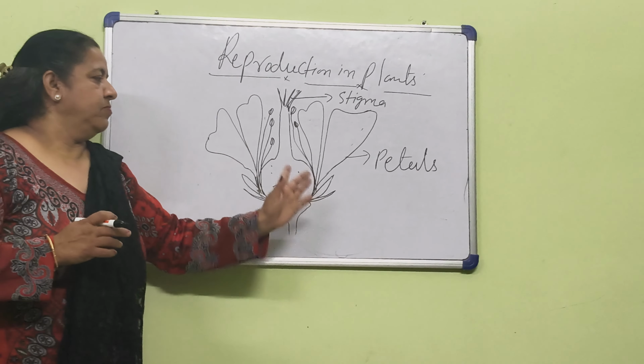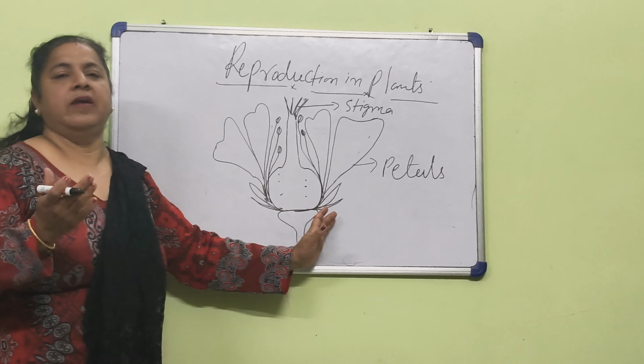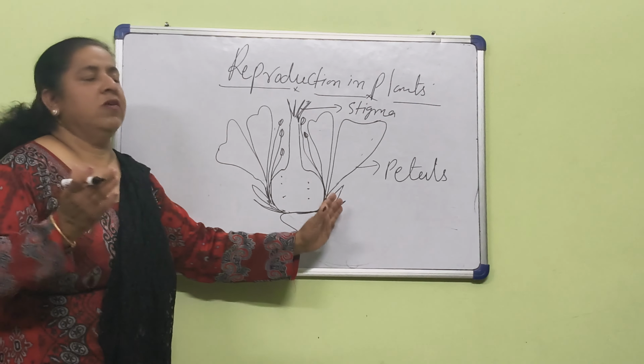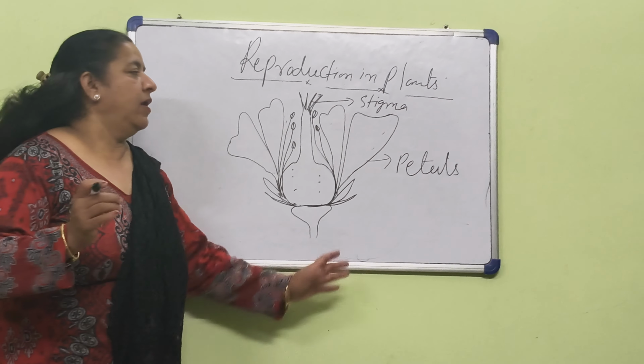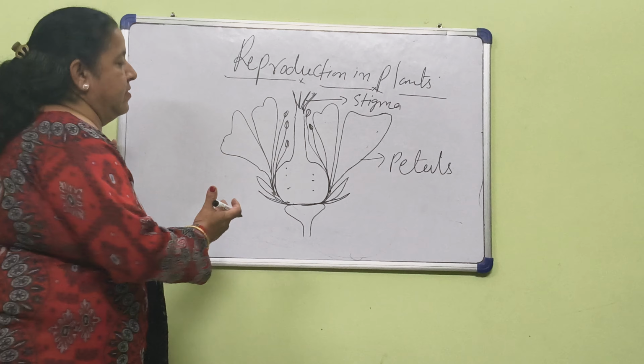So the first main thing is that the flower is the sexual part of the plant. The sexual or reproductive part of the plant is the flower. A flower has different parts.